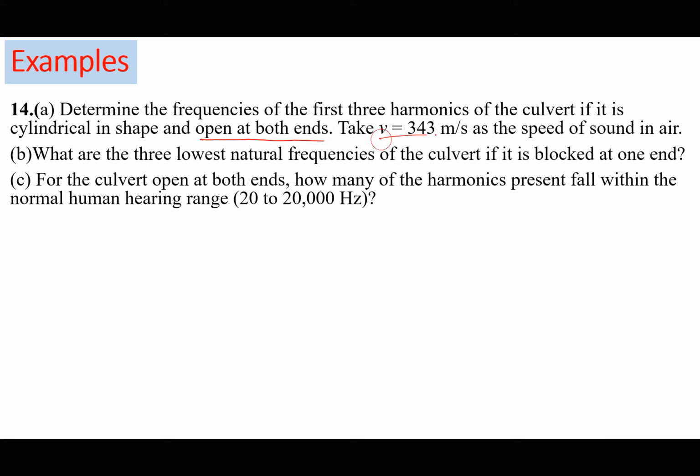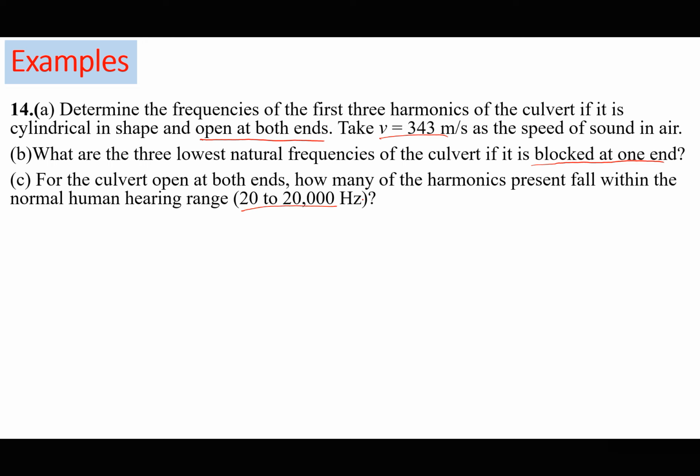I take V to be 343 as the speed of sound in air. What are the three lowest natural frequencies of the culvert if it is blocked at one end? That is, now it is converted into a closed pipe. For the culvert open at both ends, how many of the harmonics present fall within the normal human hearing range?